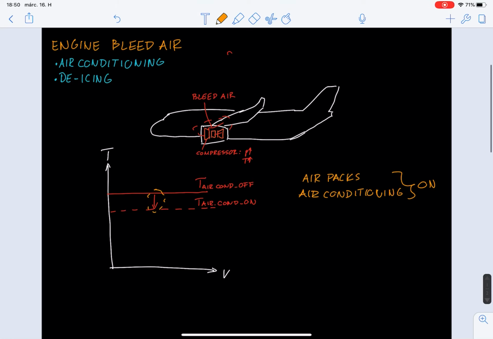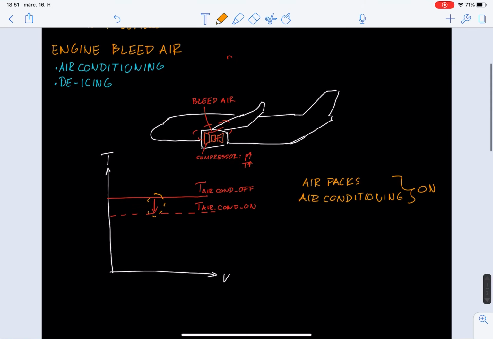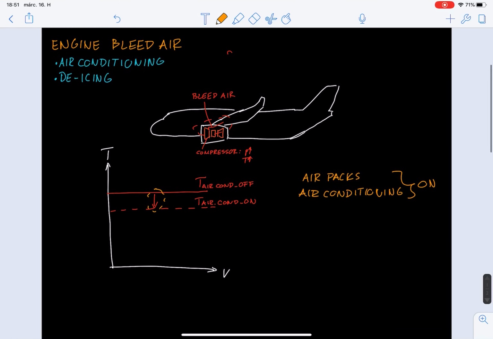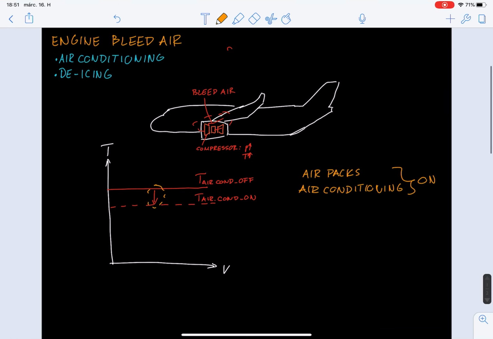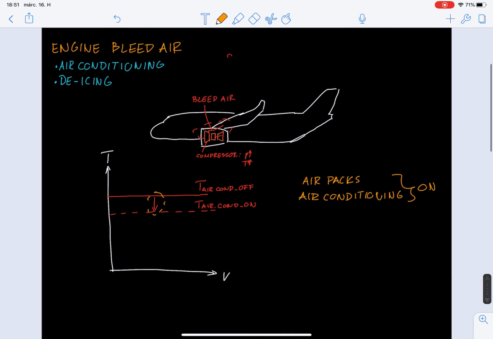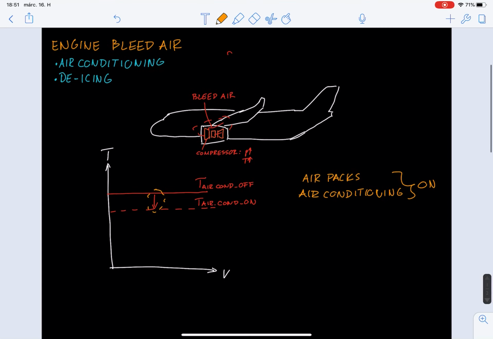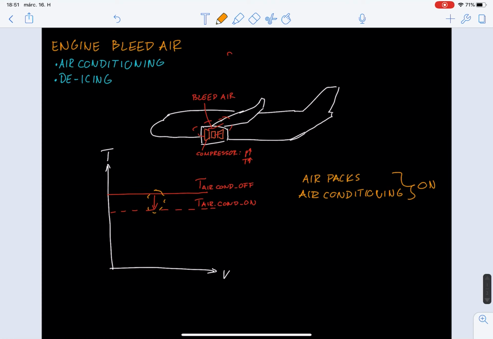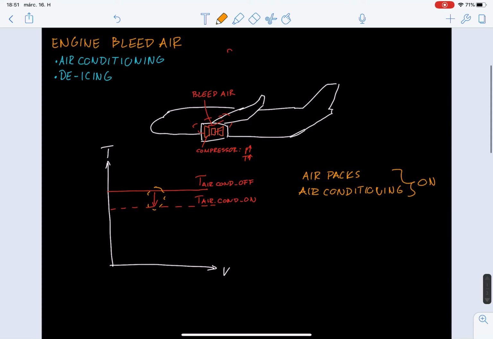Just as an example, at Wizz Air, for both the takeoff and landing, it is in the standard operating procedures to turn off the packs. So for that time they turn off the air conditioning to give the engines, and therefore the aircraft, the most performance available.